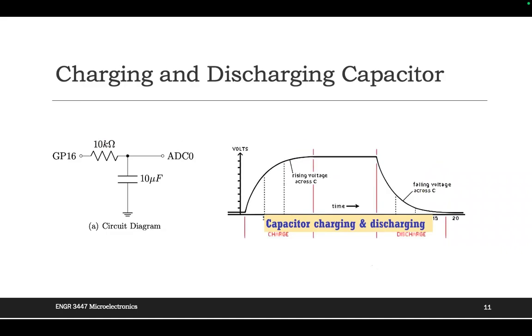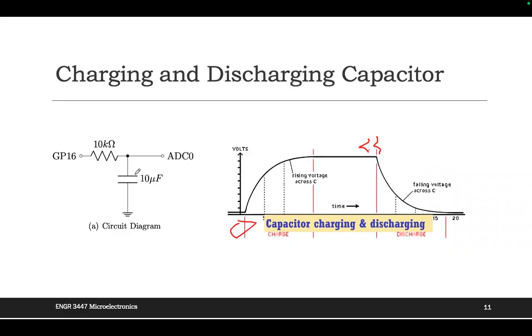Let me talk about this one here. The capacitor charging will go from 0 to maybe 3.3, maybe not exactly 3.3, but around 3.3. That makes sense to you?